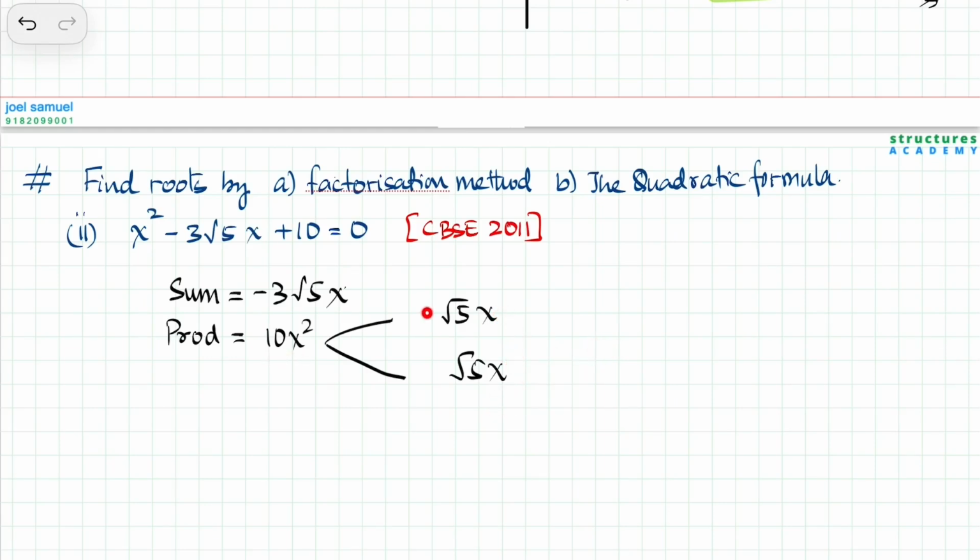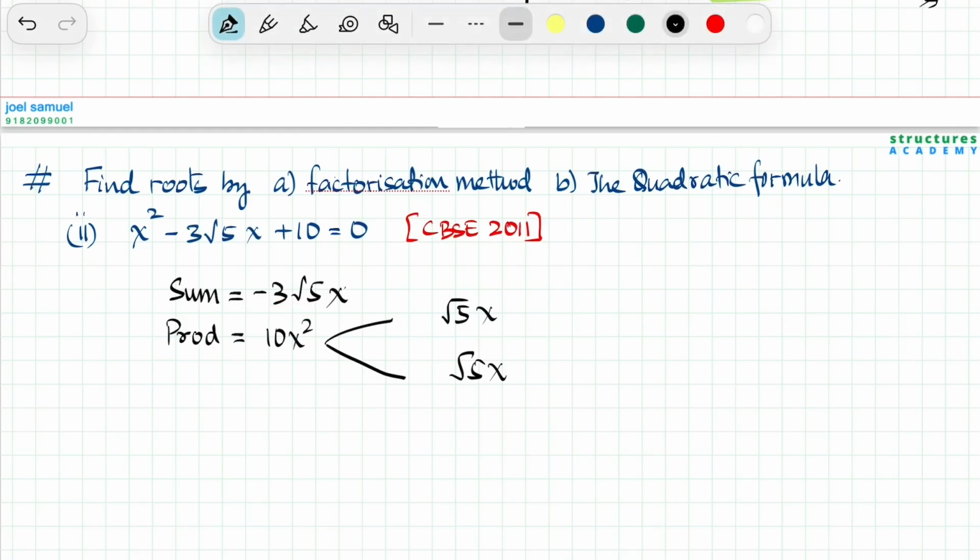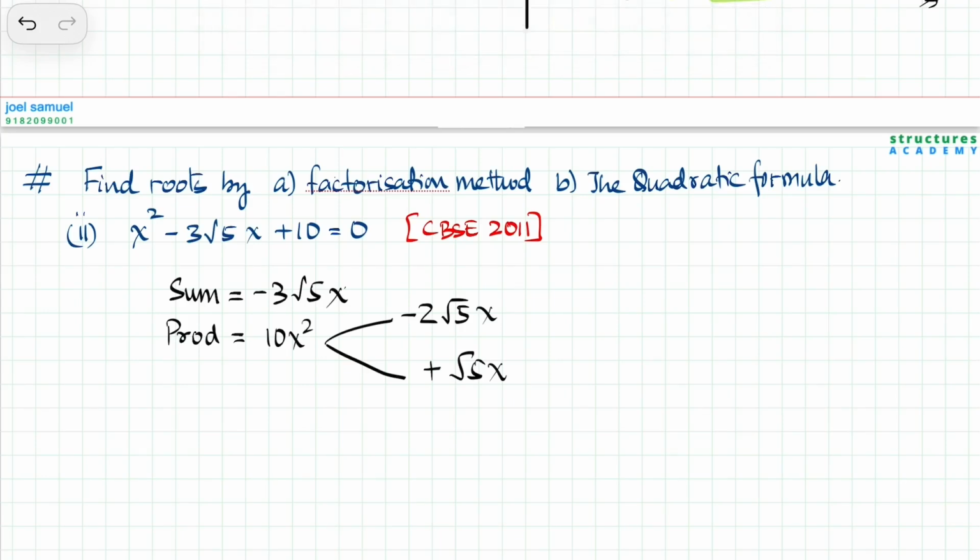So 2 will feature in one of these two terms and that should give us 10x square. And I should also get minus 3 root 5. So if I put 2 root 5 here with a negative and I just put plus root 5x, let us check. Let me put a negative here also. So when I add these two, I get minus 3 root 5x.